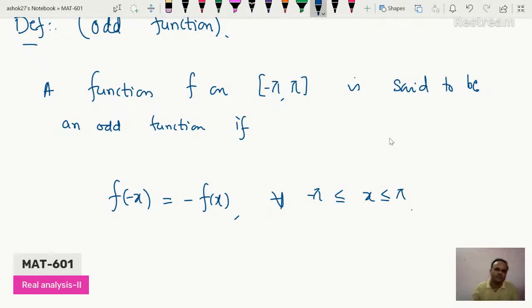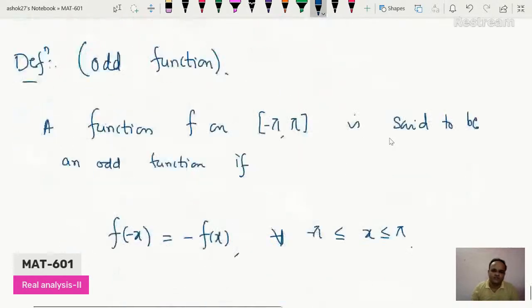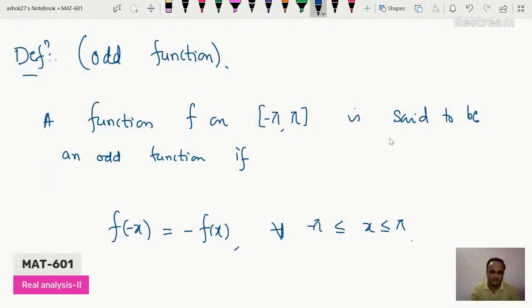This is the same as even, but the difference is that in even, f of minus x equals f(x), and in odd function, f of minus x equals minus of f(x).